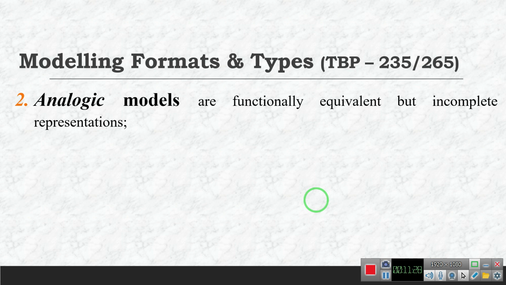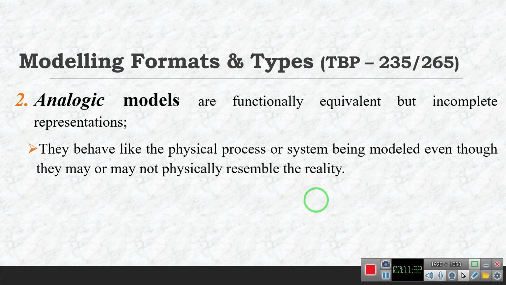Analogic models are functionally equivalent but incomplete representations. They behave like the physical process or system being modeled, even though they may or may not physically resemble the reality. In the previous case, iconic models are not working models.